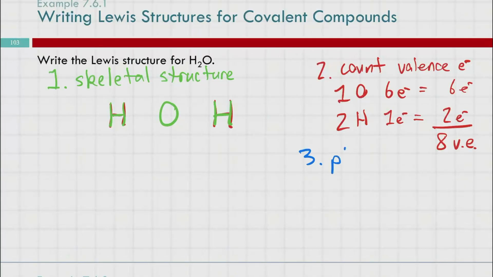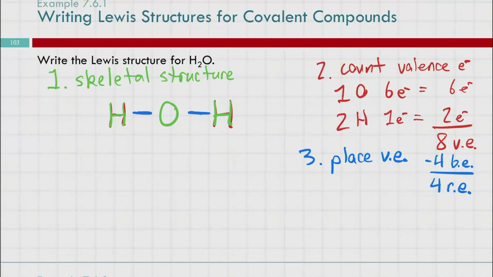And then step 3, we want to place our electrons. So the first way that we're going to place our valence electrons is as bonds, just to get everything connected. So we put in 2 bonds to get the hydrogens connected to the oxygen. So that's a total of 4 bonding electrons that we've placed because of 2 bonds.